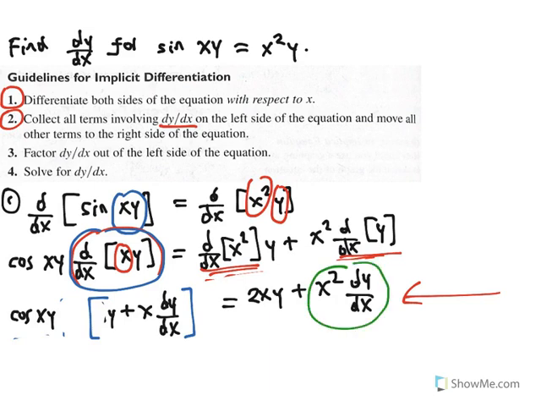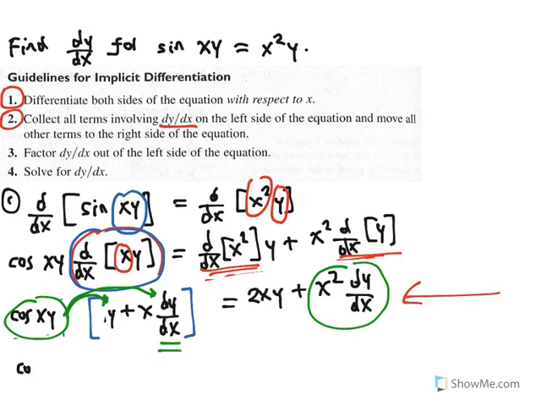Well, we have dy dx here, and we also have dy dx here. But remember, cosine of xy has to multiply both of these terms. So before you can try to get dy dx on one side of the equation, you need to multiply both of these terms by cosine xy.